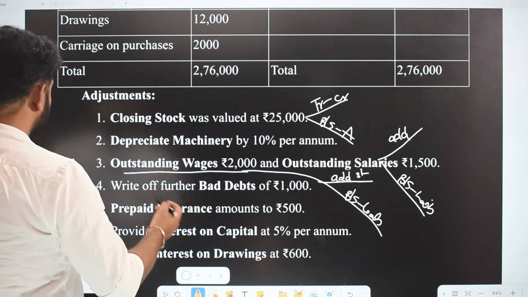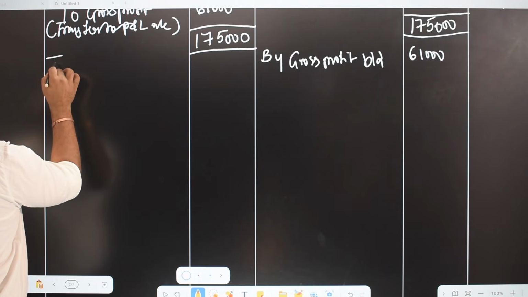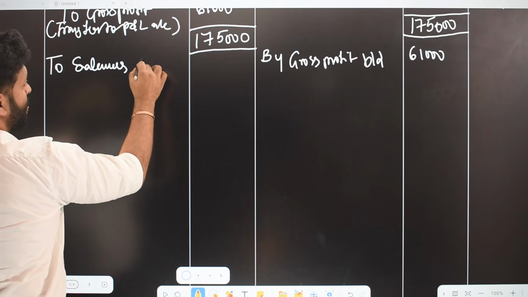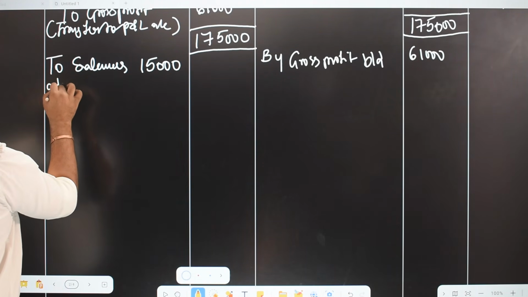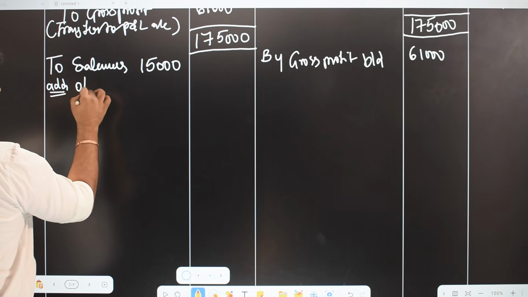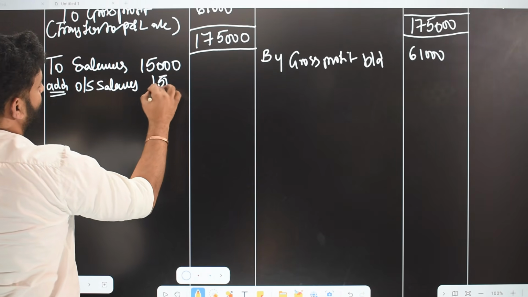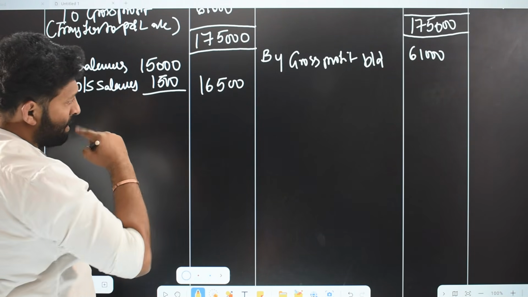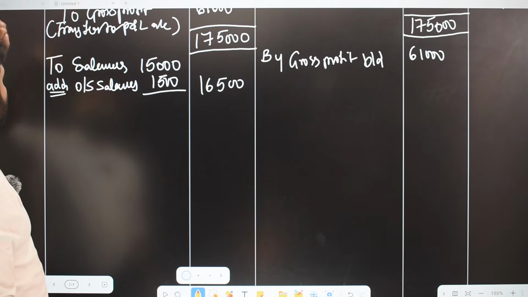To salaries 15,000, add outstanding salaries 1,500. The total is 16,500 in amount column.